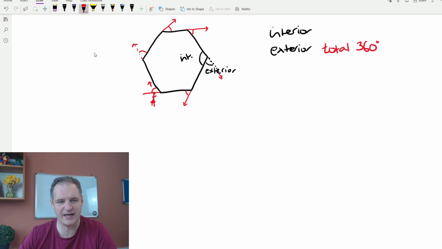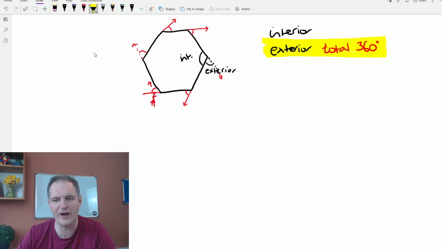Now that isn't the case for all the interior, because if we add all the interior together, it's going to be way more. But for the exterior, it must be a total of 360. And that is the first of our big facts for today. Big fact. You don't have to say that, but it feels quite pleasant. Try it. Big fact for the day. So the exterior angles are always 360, and that's going to be very useful.